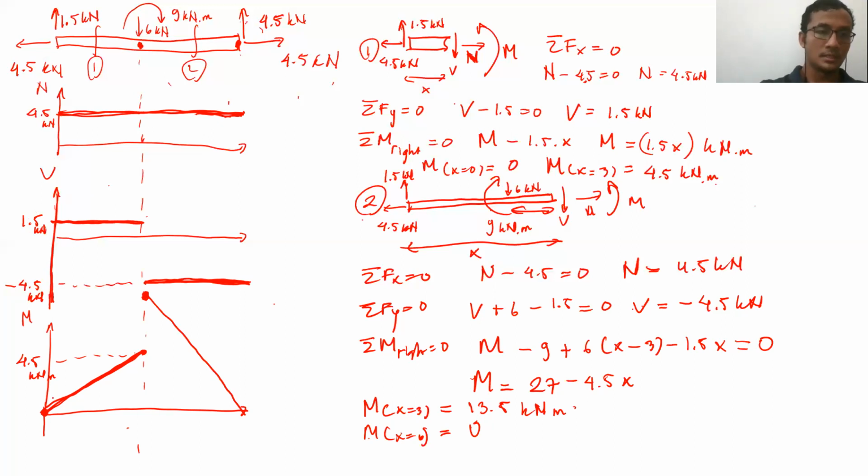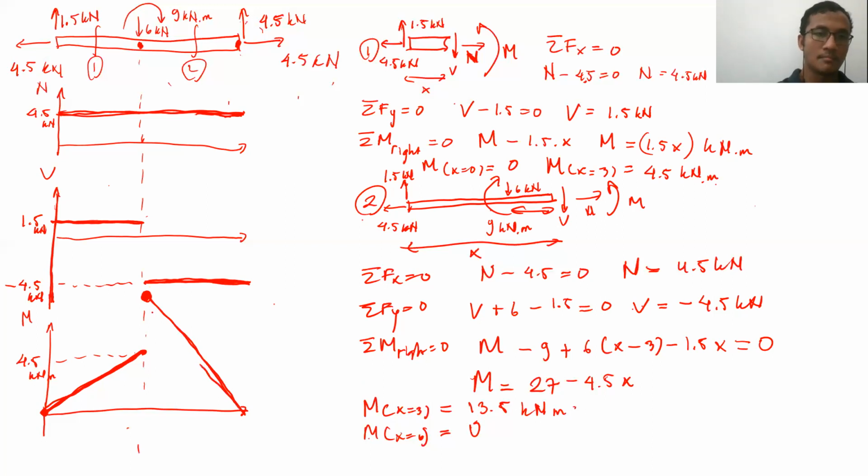So the gradient is positive, going up. Then after that, it jumps from 4.5 kilonewton meter to now 13.5 kilonewton meter. Then after that, it's going down.